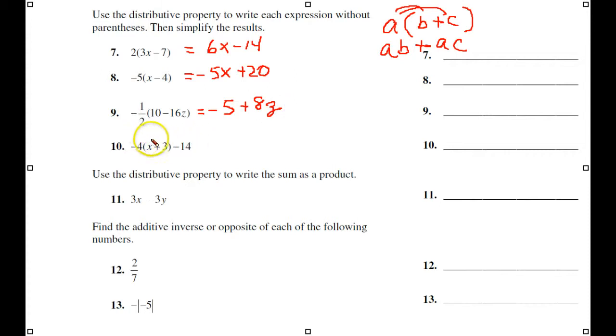And here we're going to distribute a negative 4x, a negative 12, and a negative 14. And notice now we have like terms here, so we can add that. That becomes a negative 4x and a negative 26.